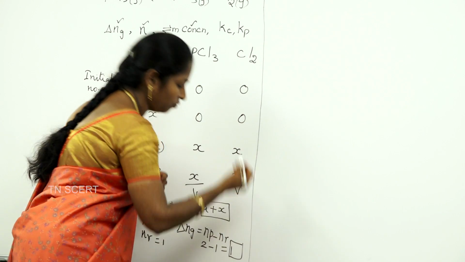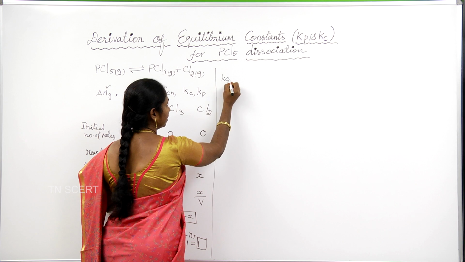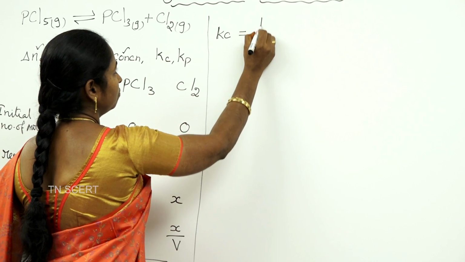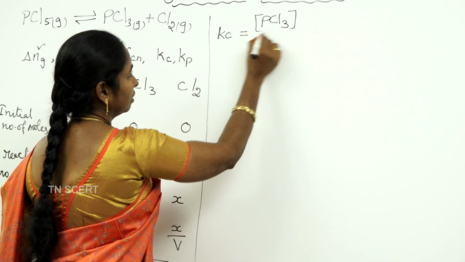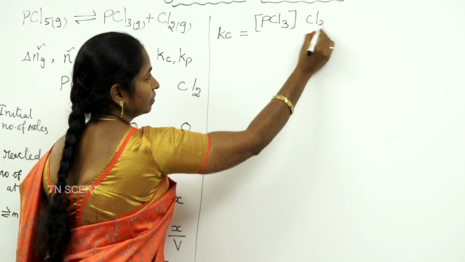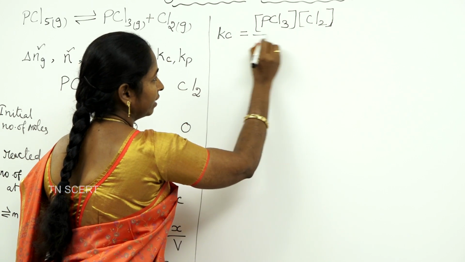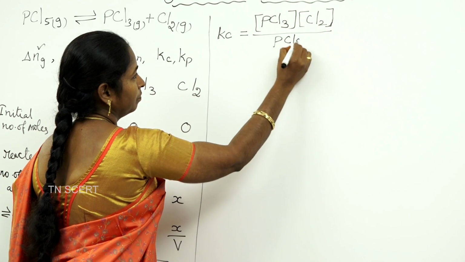Applying the law of mass action, the expression for Kc is given as Kc is equal to the active mass of PCl3 into the active mass of Cl2, the square brackets indicate active mass, divided by the active mass of PCl5.